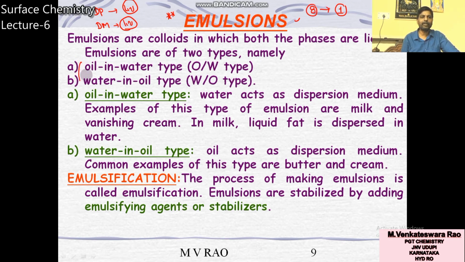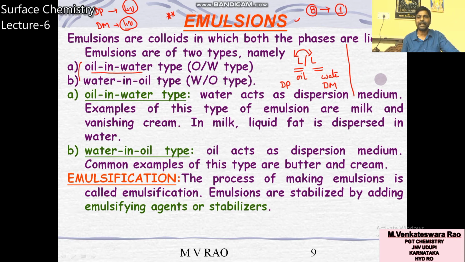Emulsions are of two types. The liquid may be an oil type substance or a water type substance. The first type is oil in water: the dispersed phase is oil and the dispersion medium is water, so water content is more and oil content is less.